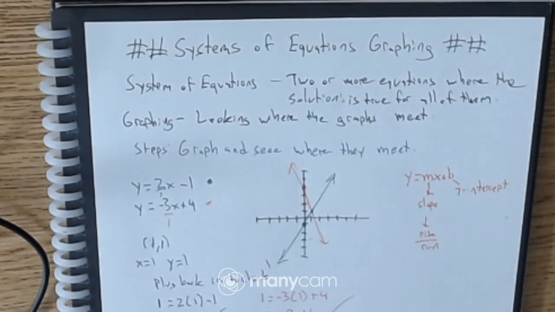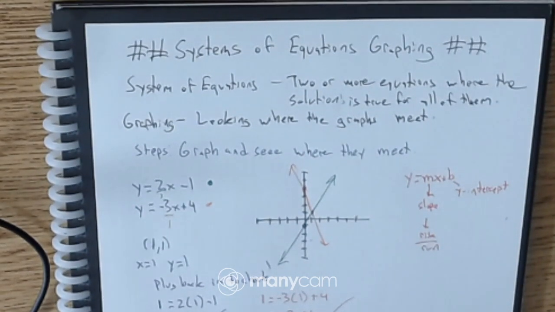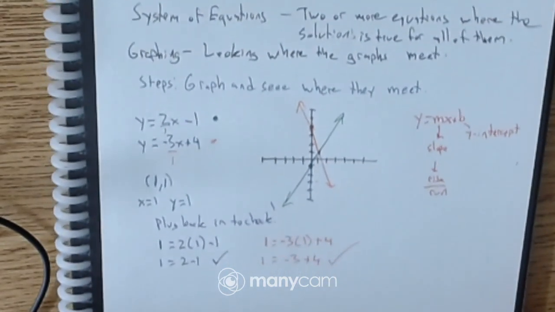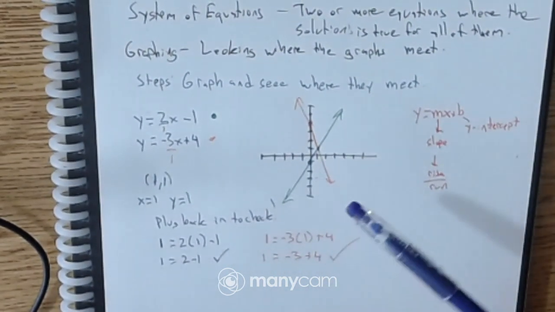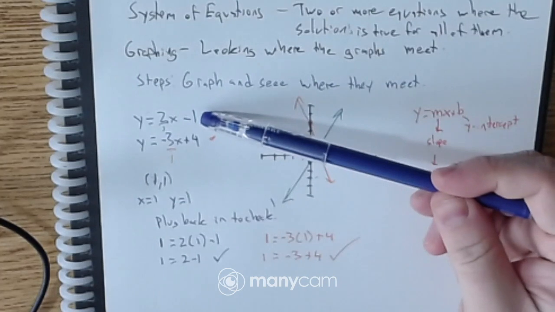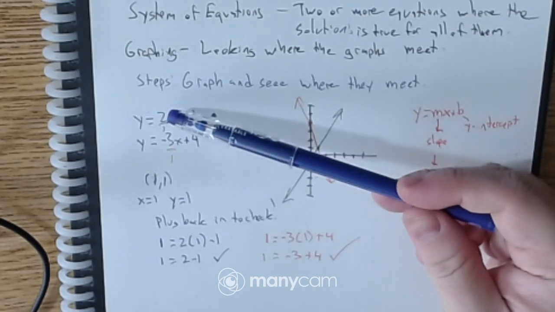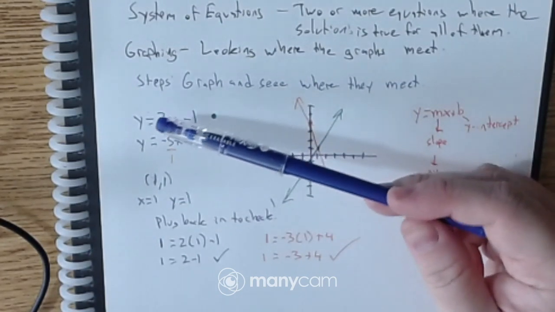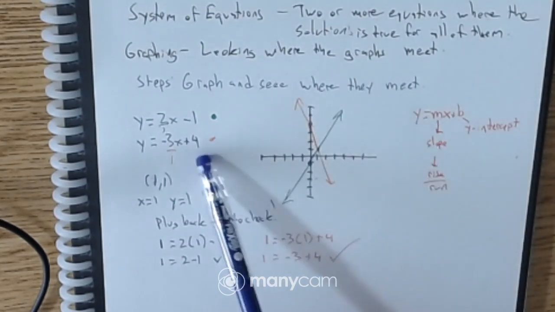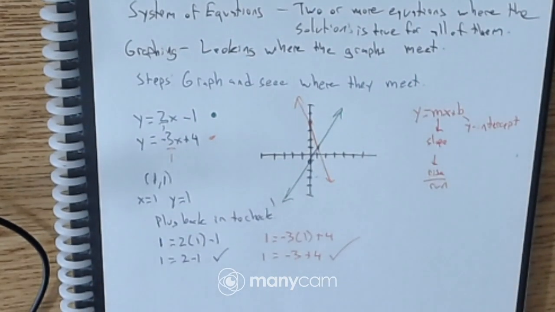And that's what makes it a system of equations and not just solving an equation. Because we could have found a solution to this one, like, oh look, x equals 2, y equals 3, but then if we tried plugging it back into this equation, it wouldn't have worked. So we're looking for the solution that works for everything.